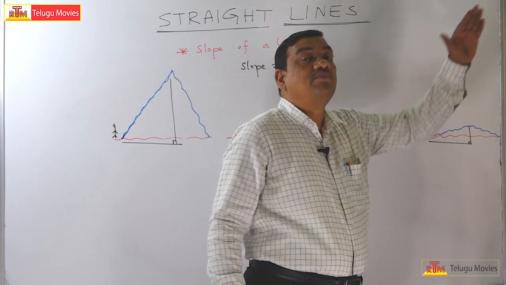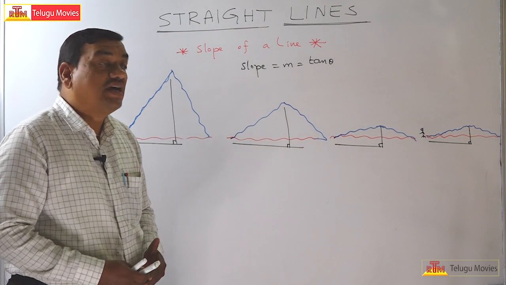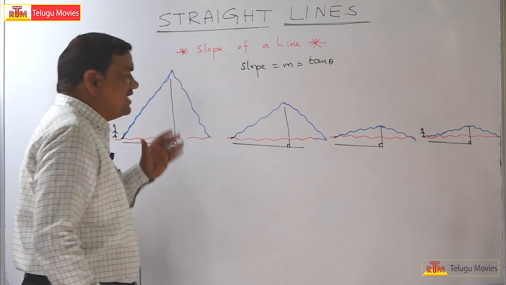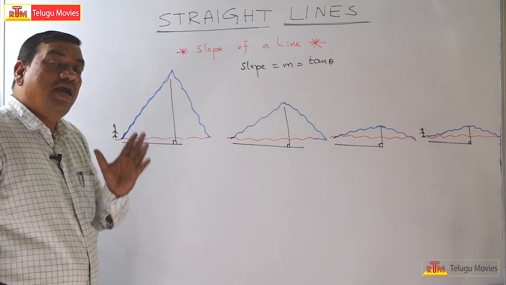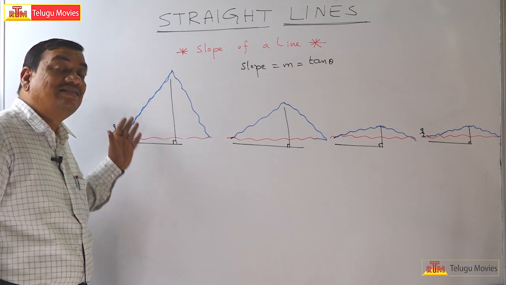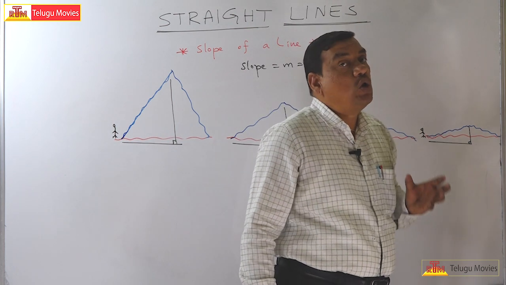You can climb these mountains, but with a little bit of difficulty. Comparatively, this one you can climb. So in the general idea, anybody can say that this hill has more steepness and this hill has low steepness.